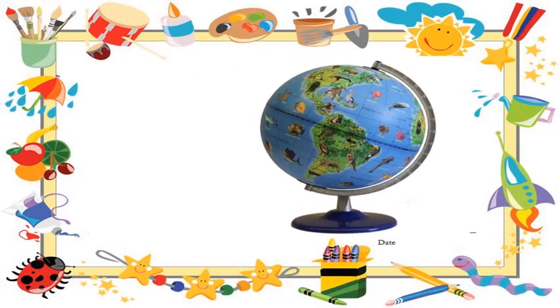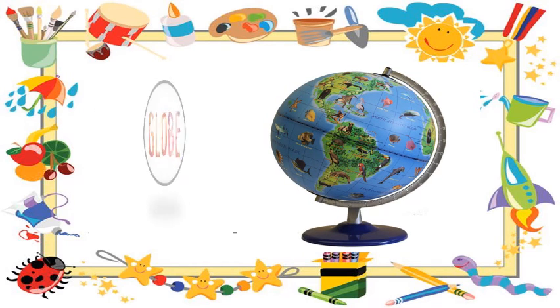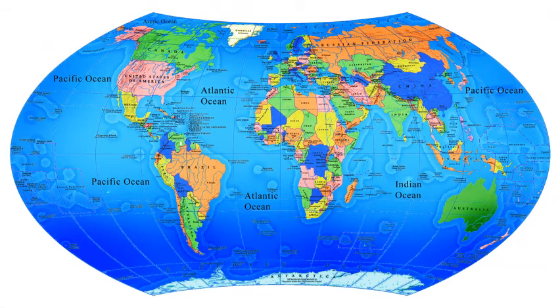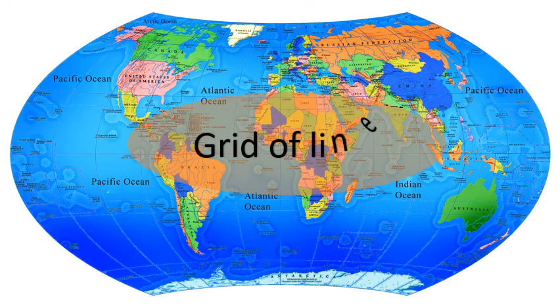My students, when you see a globe, you can observe a number of lines on it. What are these lines? And here comes another picture of the globe where you can observe these lines very easily. Now what are these? These are the grid of lines, which you can see that some of the lines are traveling vertically and some of the lines are traveling horizontally.